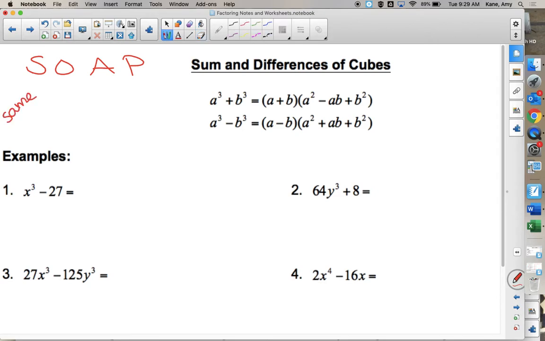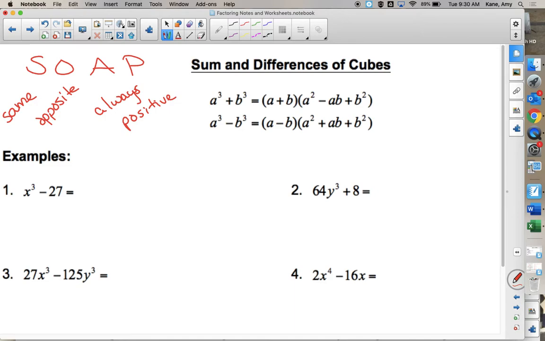So S represents the same sign. O represents the opposite sign. And then A and P mean it's always positive at the end. So SOAP represents the signs in the middle that divide up your terms.